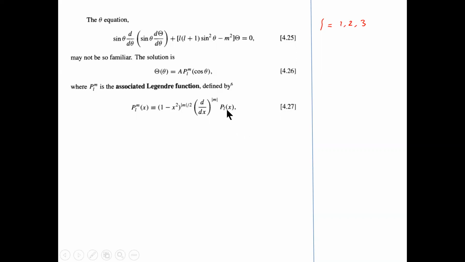This P of L is called the Legendre function. Handwriting is very bad. I'll have to improve. Once you plug that in, you just take these derivatives and do these operations, and you will get the associated Legendre function.